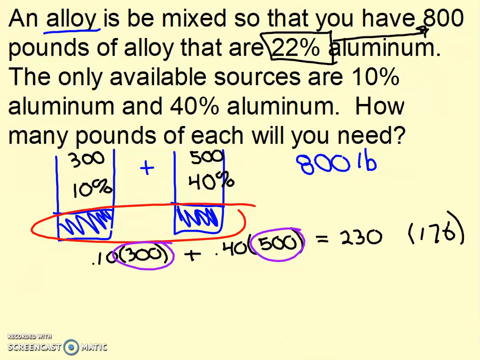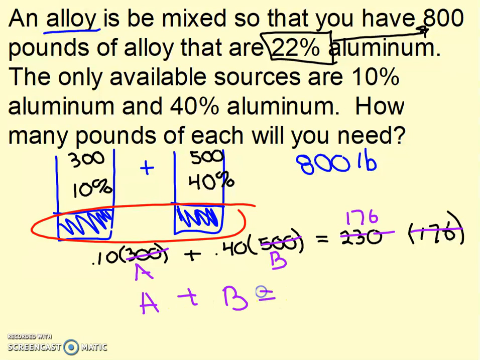Or another option is to say, look, what if I just replace those with A and B, and we know it's supposed to equal 176, and also A and B are supposed to add up to 800. So you've got a skill here where you can solve systems.